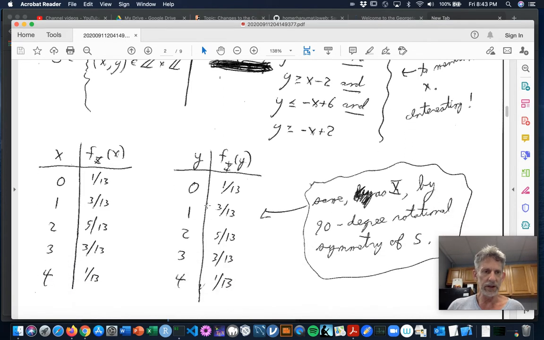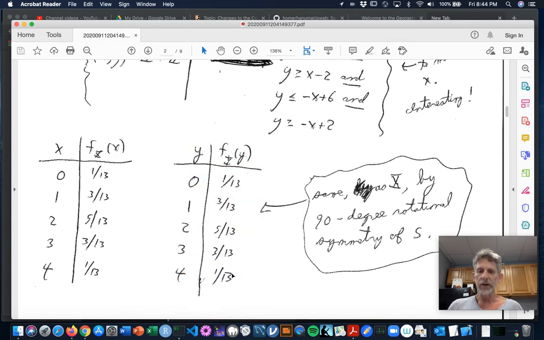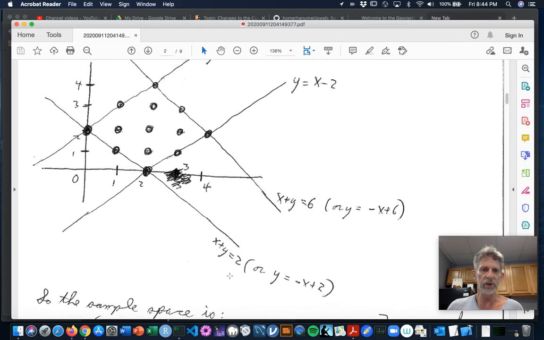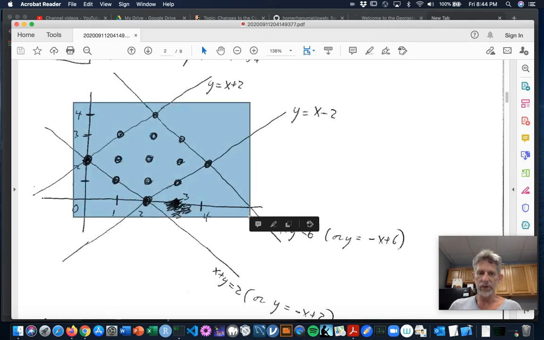The other part, getting the marginal for x and the marginal for y, was not problematic for anybody. But notice they're the same marginals, and that makes total sense because when you look at the sample space, it has 90-degree rotational symmetry. If I rotate it 90 degrees, I have the exact same set.